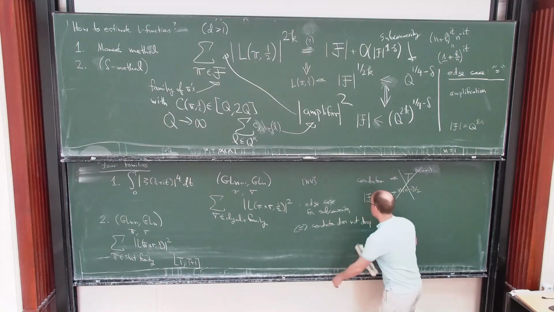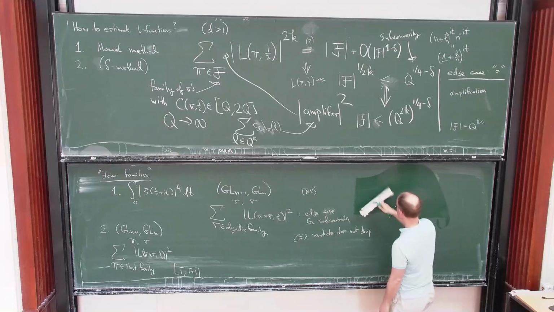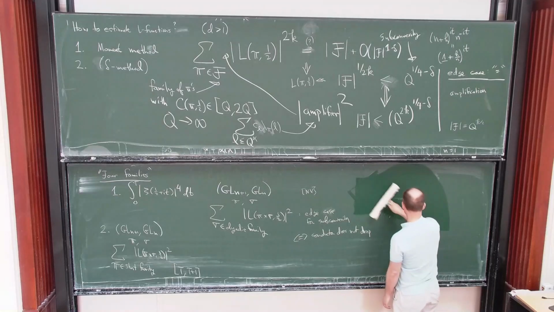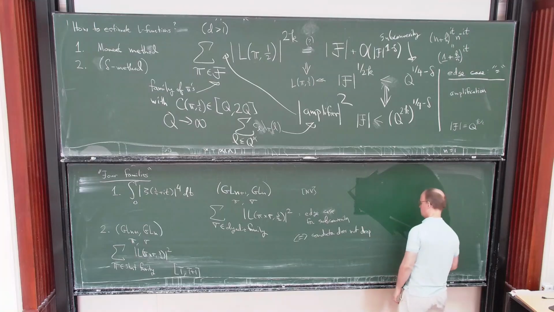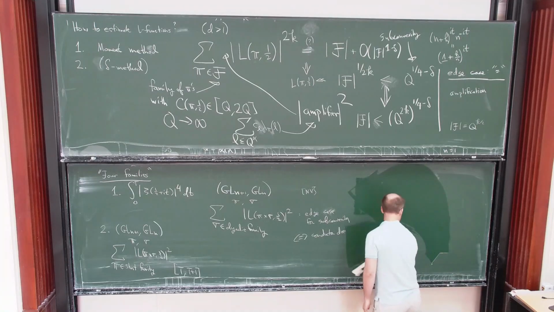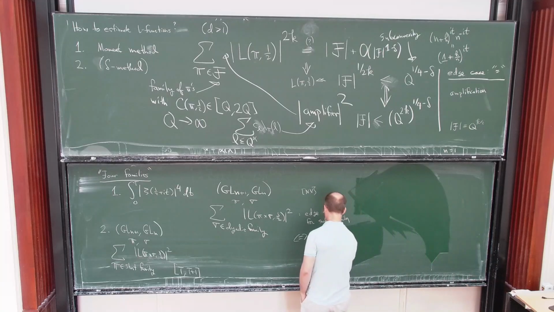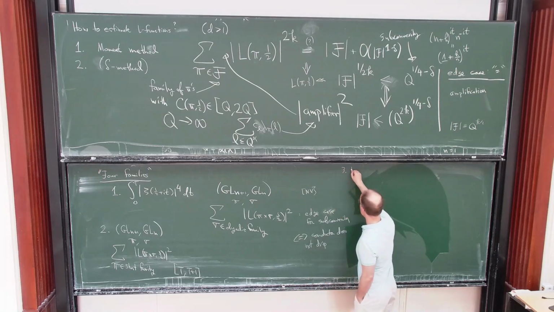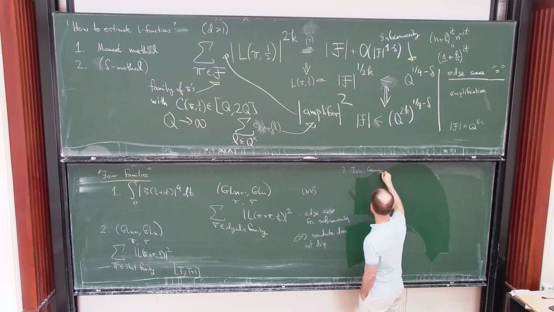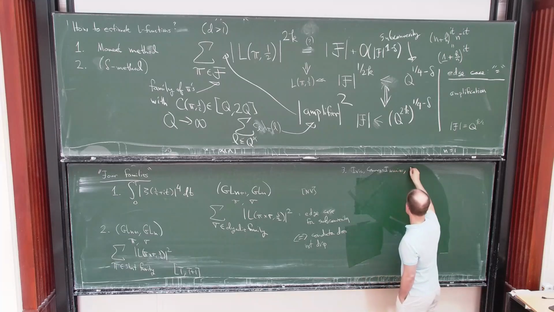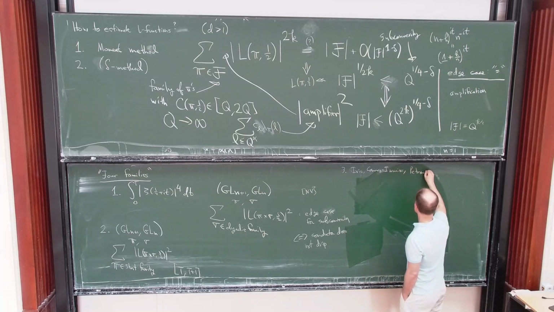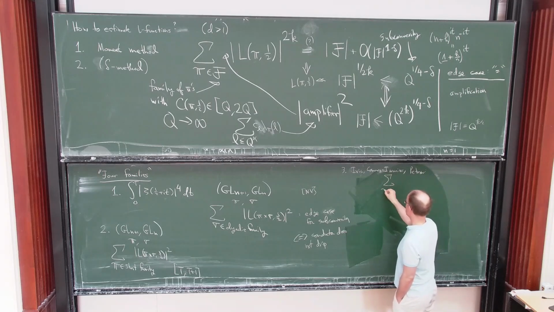And then, since I got some room here, a third case would be like the papers of Iwaniec, Conrey, Iwaniec, and Petrow-Young. So this involves a sum over pi on PGL2.